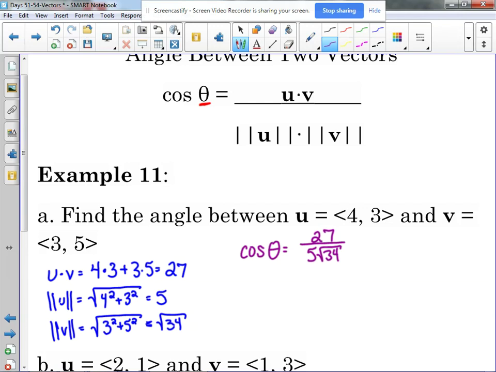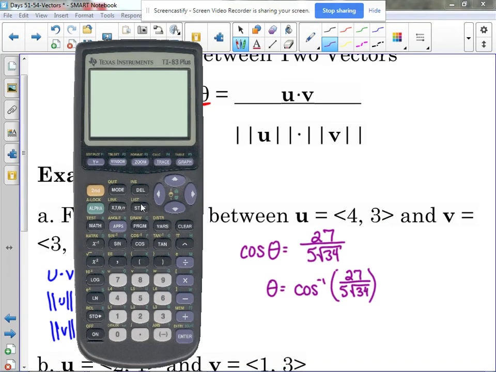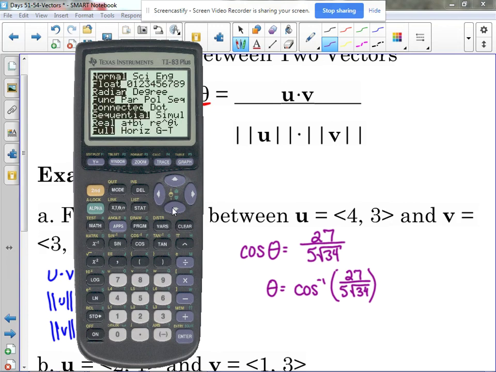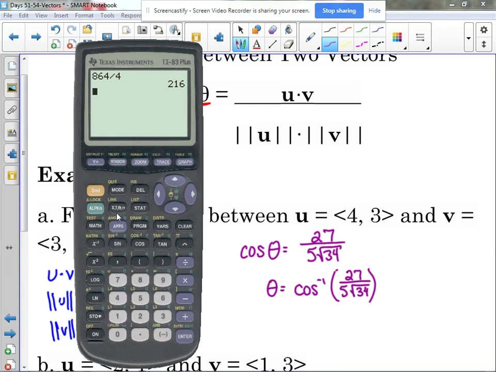How do we find theta? Inverse. Anytime we're looking for the angle, we use the inverse trig. So we do the inverse cosine of 27 over 5 square root of 34. And let's go with degrees. We really don't want the calculator to give us an angle in radians. We want degrees, unless the problem says radians.